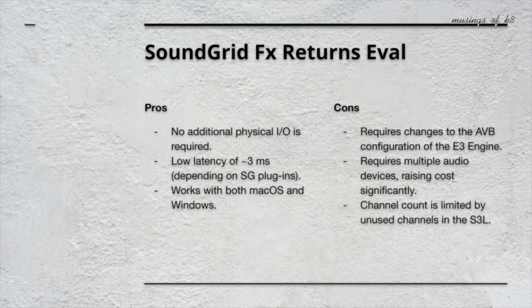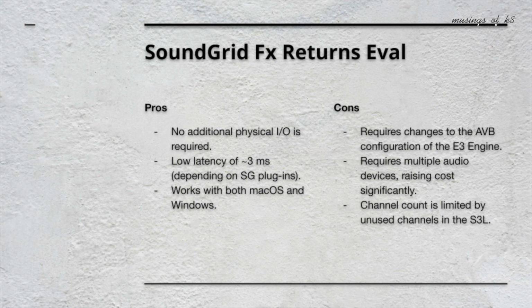If cost is not an issue for you, or if low latency is important, then the final SoundGrid Fx Returns configuration is for you. The solution provides an incredibly low latency of 3 milliseconds end-to-end, a value that surprised me when I was doing my testing. This solution unfortunately requires changing the AVB configuration of your E3 engine, but this is a one-time change.